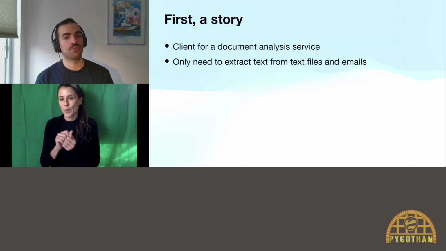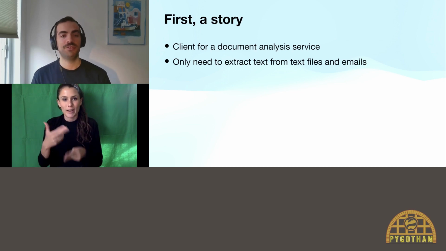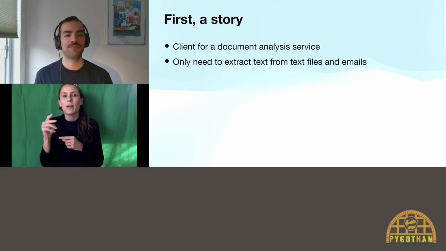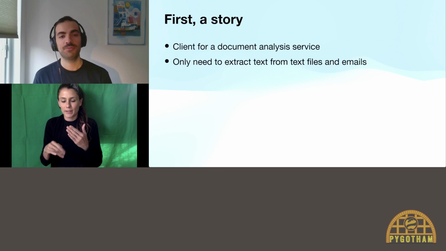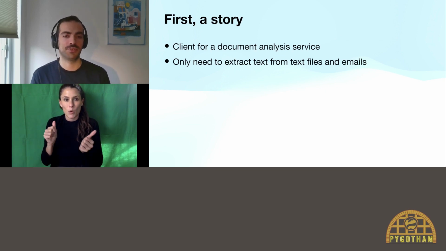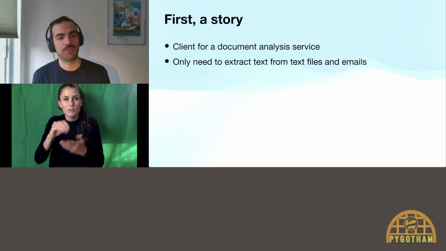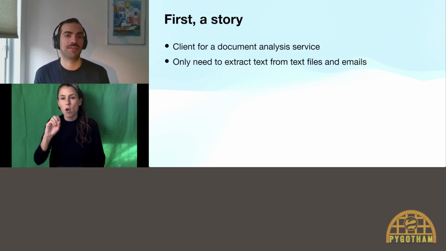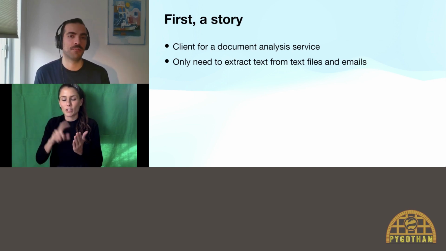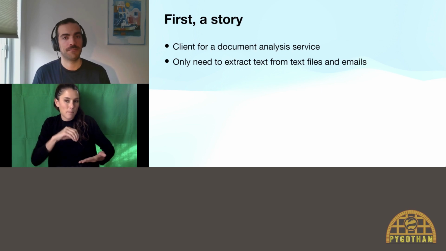First, we're going to start with a story. There was an engineer named Sam who sat down for a project kickoff. He was tasked with creating a client for interacting with a document analysis service. It supported all kinds of documents and also supported OCR, which is optical character recognition. This is what's used to extract text from things like receipts, for example.